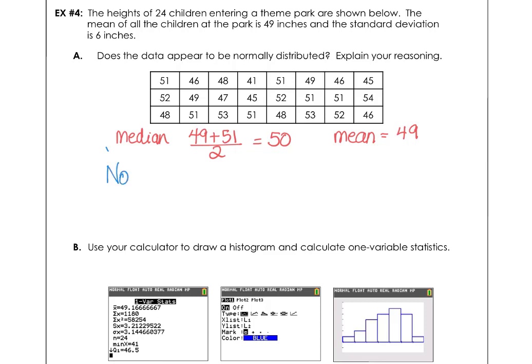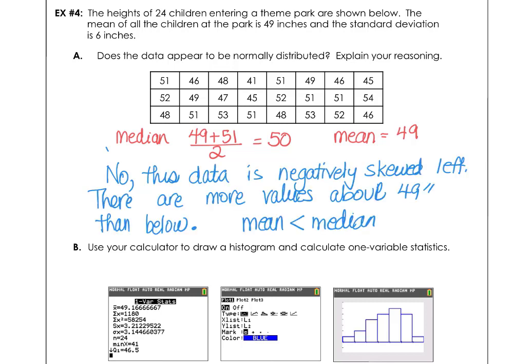So we could put that into a sentence. I wrote the sentence something like this: the data is negatively skewed to the left. There are more values above 49 inches than below. Or saying it another way, the mean is less than the median.